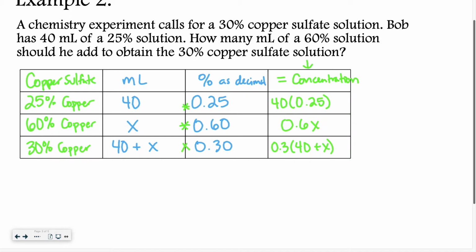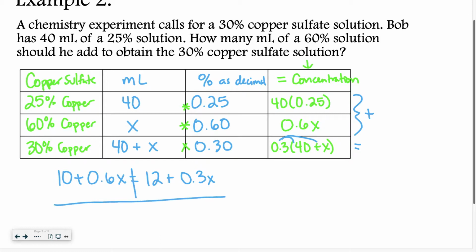Then just like on the last one, add the top two, set it equal to the bottom. So 40 times 0.25 is just 10, plus 0.6x equals 0.3 times 40 is 12, plus 0.3x, once you've distributed right there. And then it's just solving like normal.